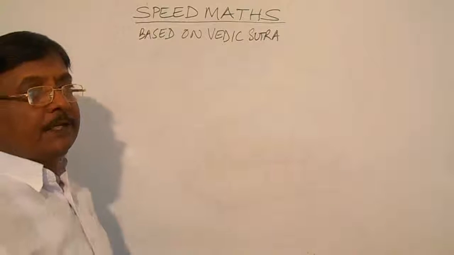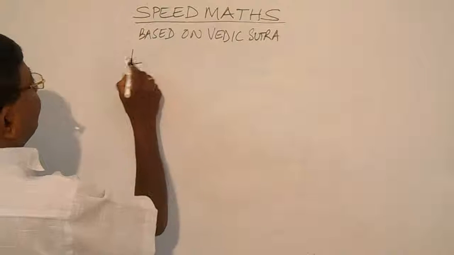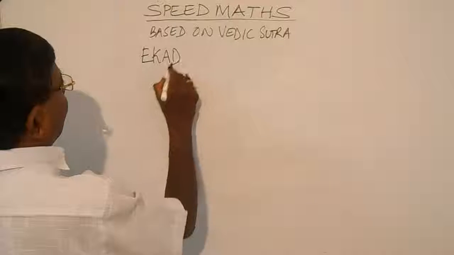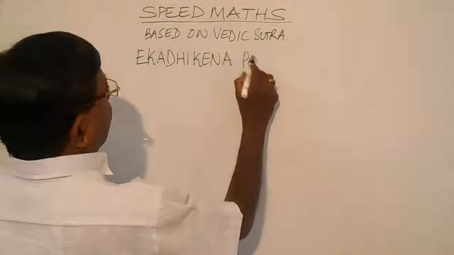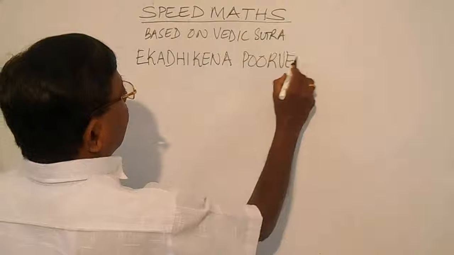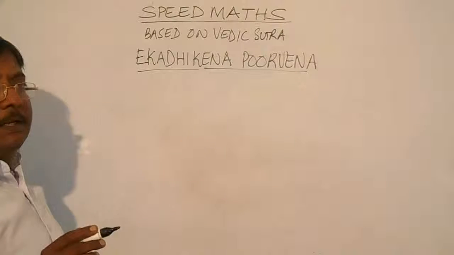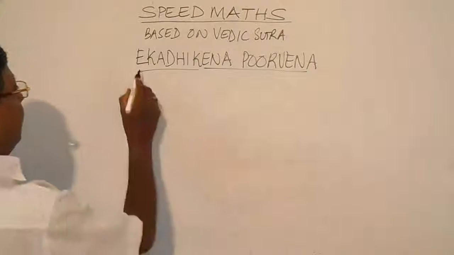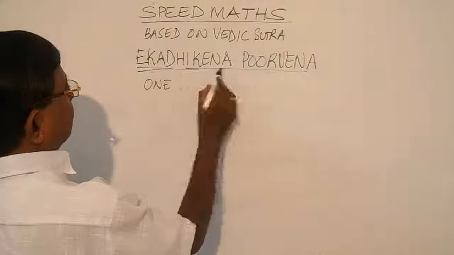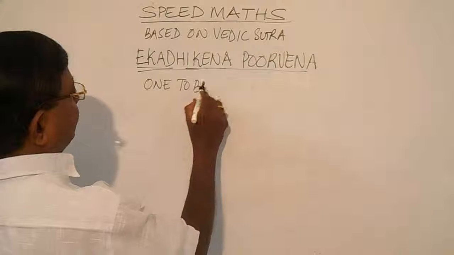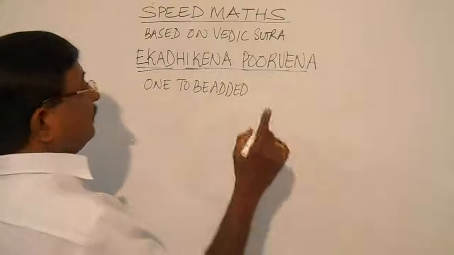Today we'll see a sutra called Ekadikena Purvena. The technical meaning of Ekadikena Purvena is Eka, that is one, Adhika, that is to be added, Purvena, to the previous digit.